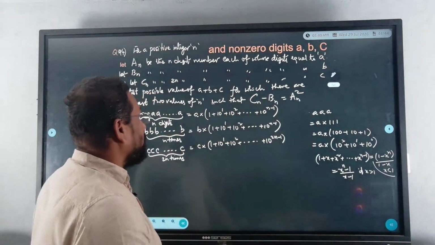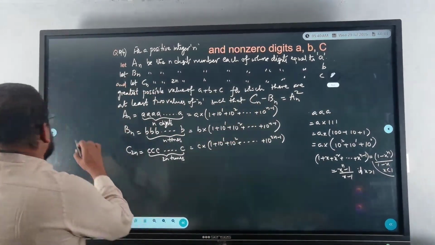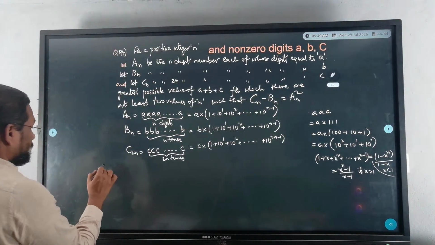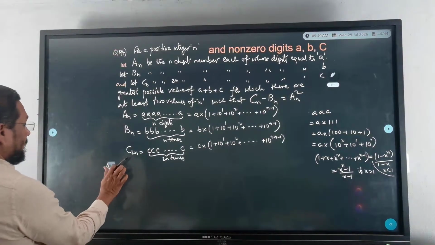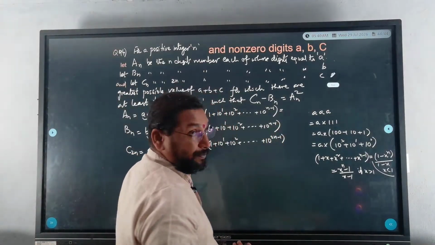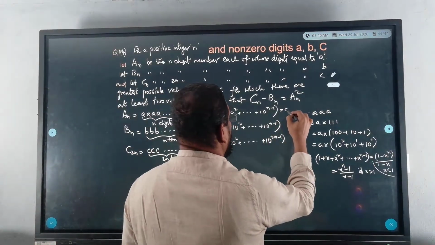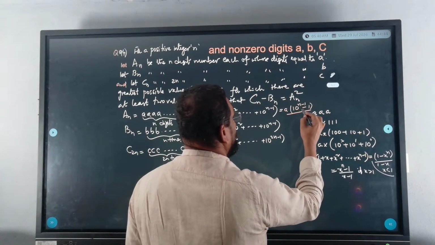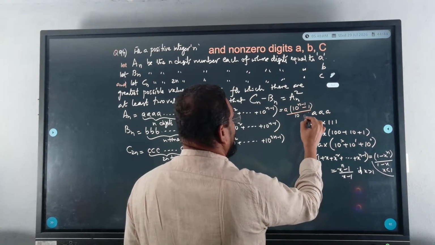So by using that, what is an here? a into 10 power n minus 1 by 10 minus 1.